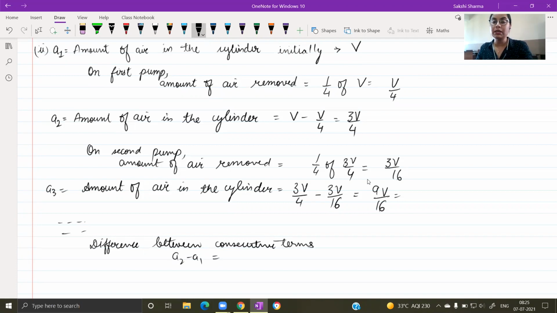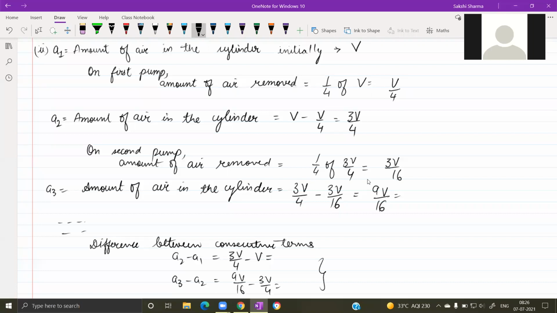So the difference between the first and the second term is 3V by 4 minus V. Although you can just look at the sequence and see that it's not forming an arithmetic progression, you have to show your work. So write down the difference between the first and the second term, the second and the third term, and then give your answer.